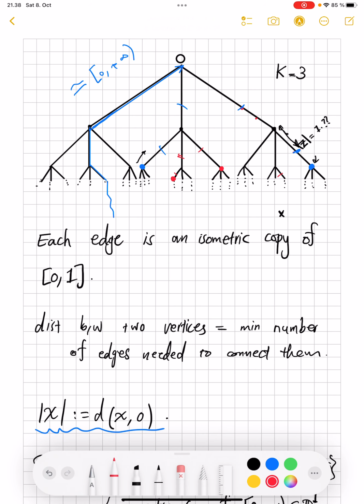So this is a radially symmetric object. That means if you are here or here or here, on a sphere around the root, the absolute value of x doesn't change.